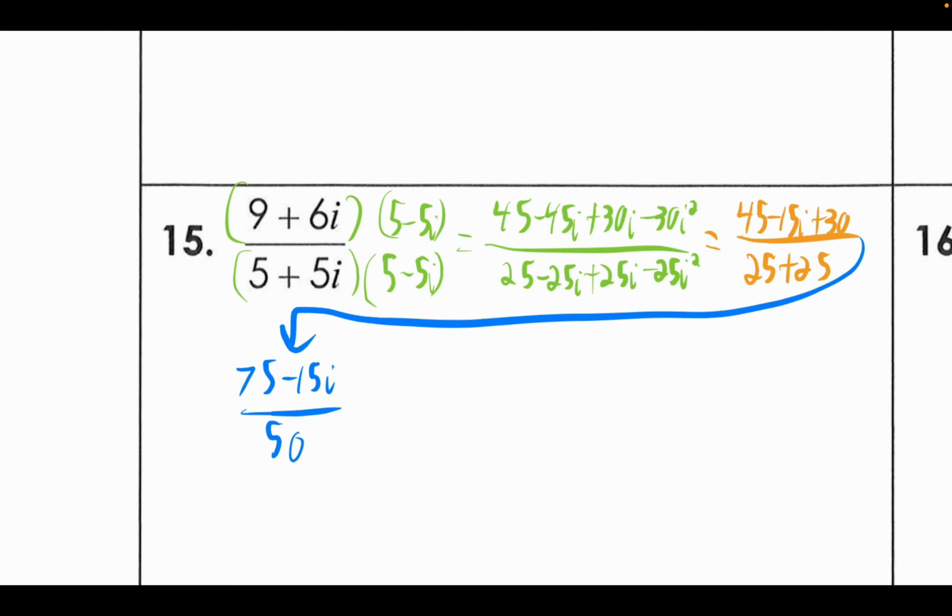These reduce, so I will reduce. As I split them up, I get 75 over 50 minus 15i over 50. The first one's reduced by 25 and becomes 3 over 2. The second one's reduced only by 5 and becomes 3i over 10.